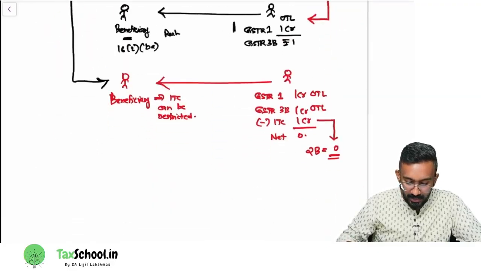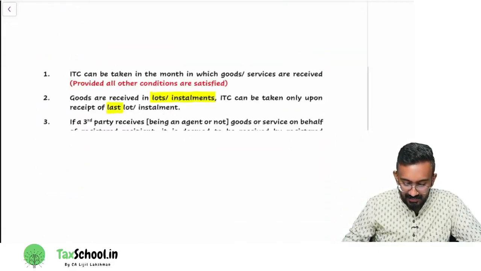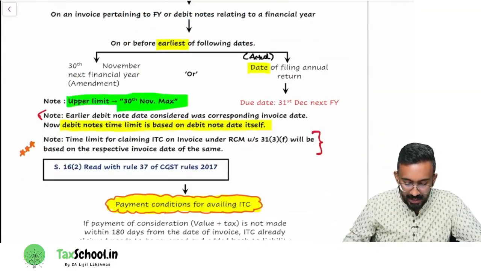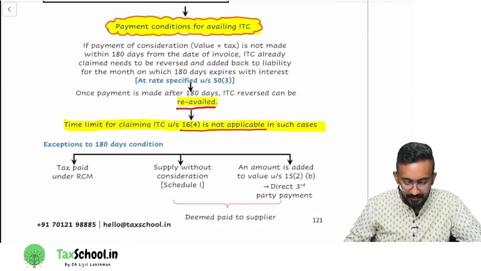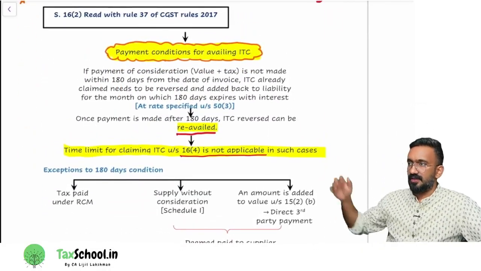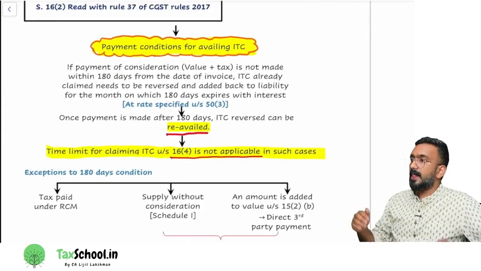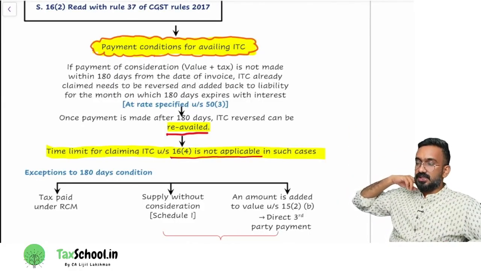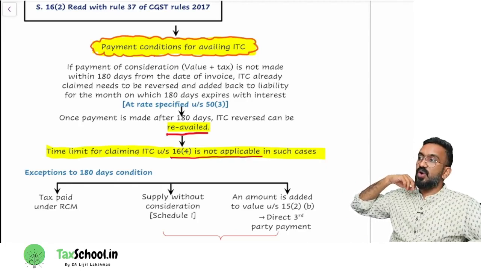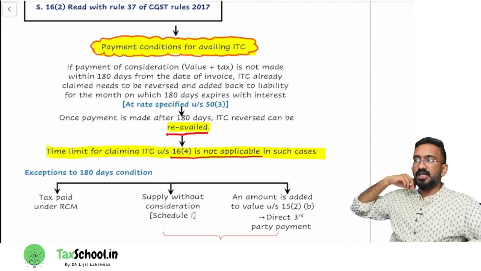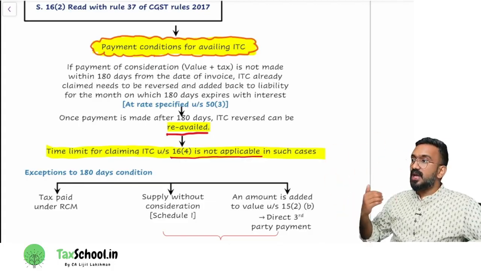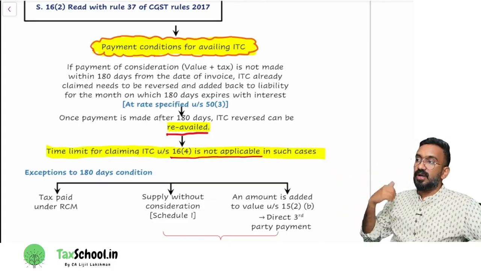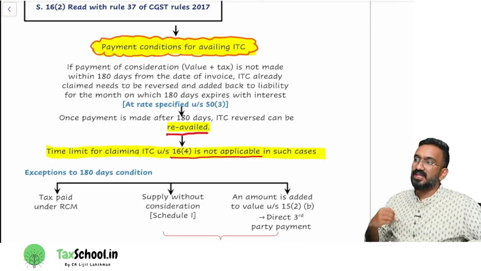Now we will look at only one additional provision that we have there, which is called the payment condition for availing ITC. This is a small condition. Let me just quickly read it for you. Payment condition for availing ITC says what? If payment of consideration, that is value plus tax, is not paid within 180 days from the date of invoice, ITC already claimed needs to be reversed and added back to the liability for the month in which 180 days expires, with interest.